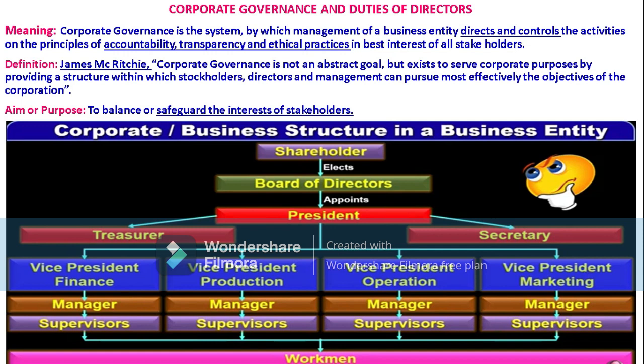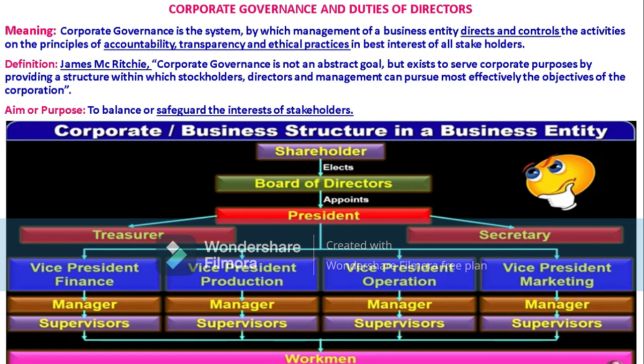At the same time, in order to gain profits. Okay, so corporate governance is linked to the economic way and also the social way. Economically, it should gain profits, and at the same time it should think about social aspects also.